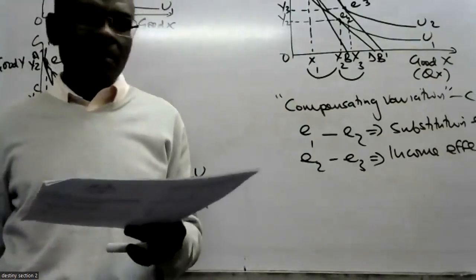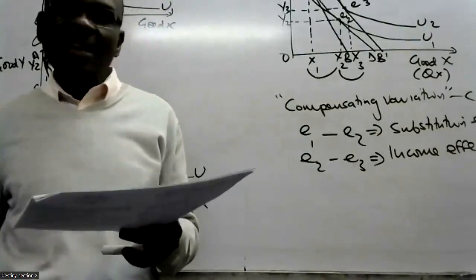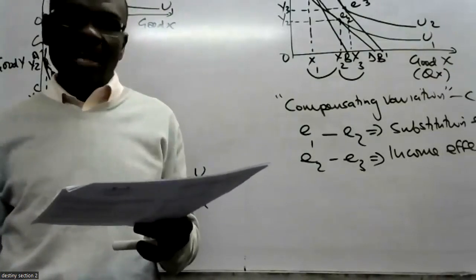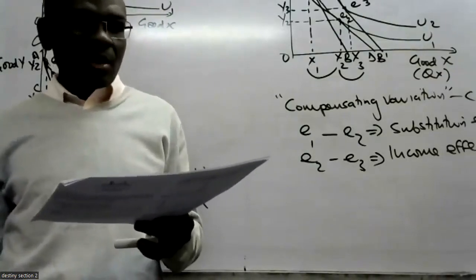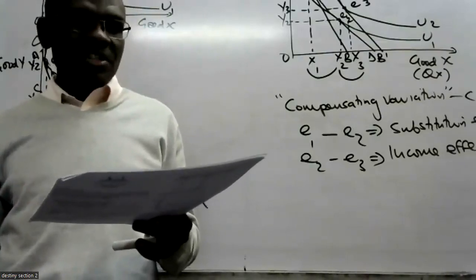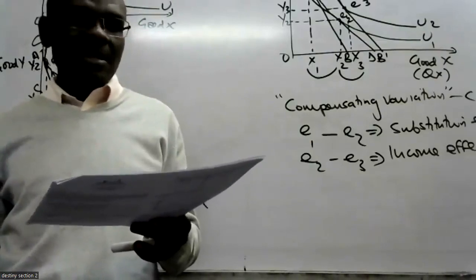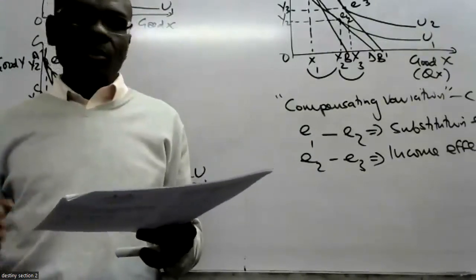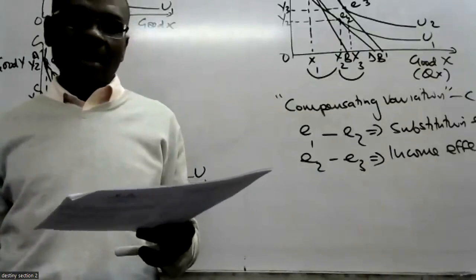For example, to examine the comparative welfare effects of either imposing a direct tax or indirect tax, or whether providing subsidies is a better measure than direct cash payments in welfare terms. So you can use indifference curves to compare.